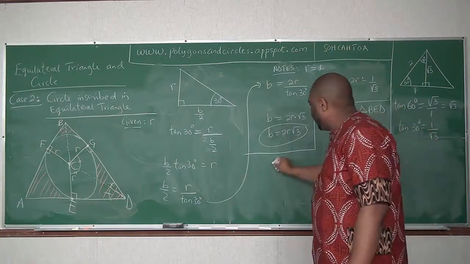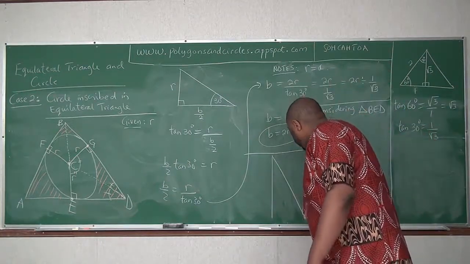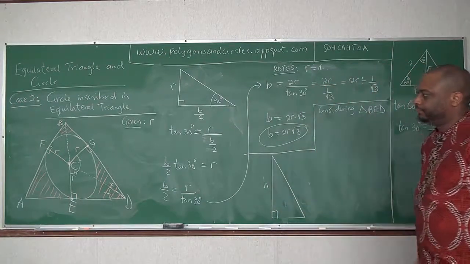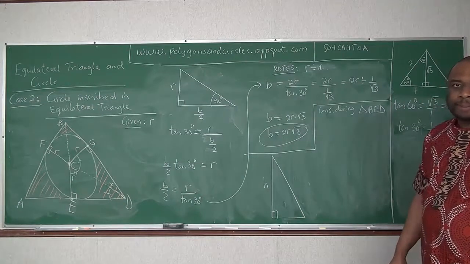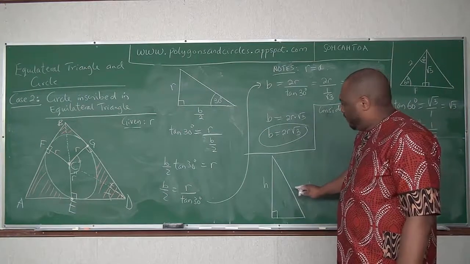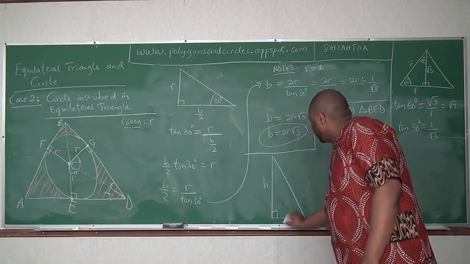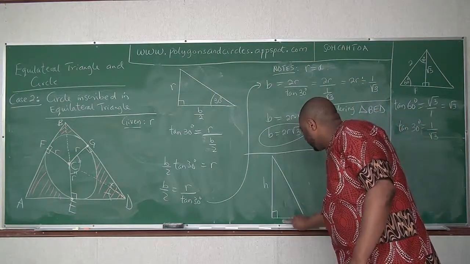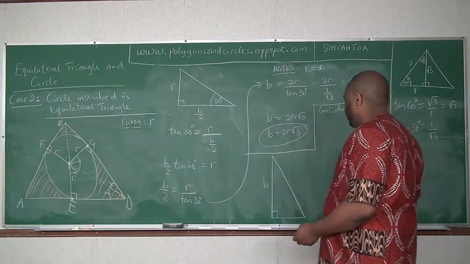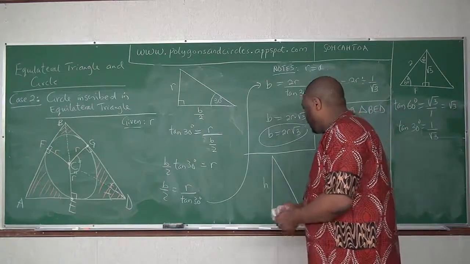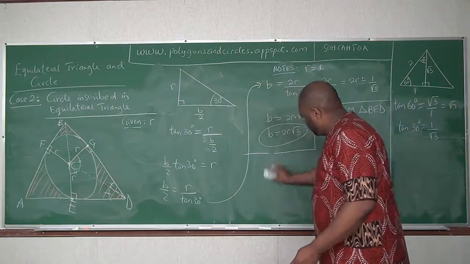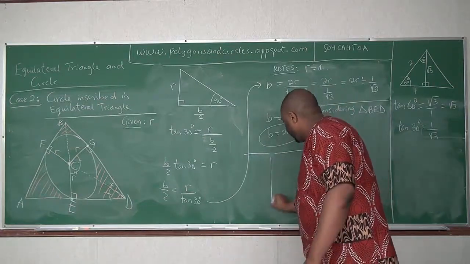Okay, so this is what we have here. Triangle BED. The perpendicular height is this. This is our base here, our base 2r. Base over 2. B over 2. I kind of need some space here.